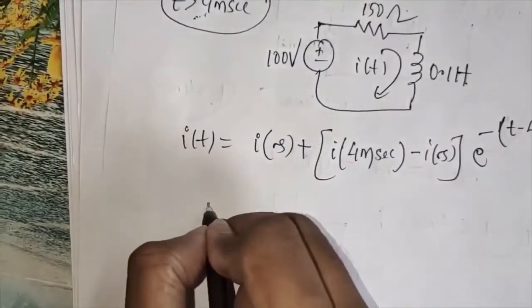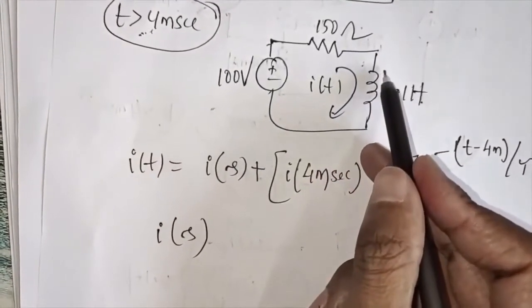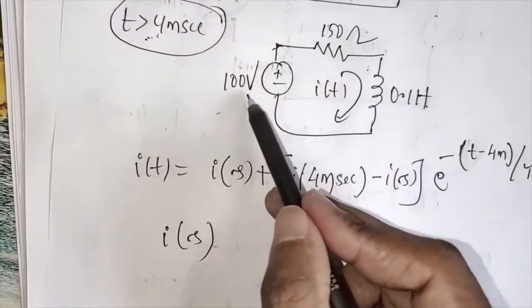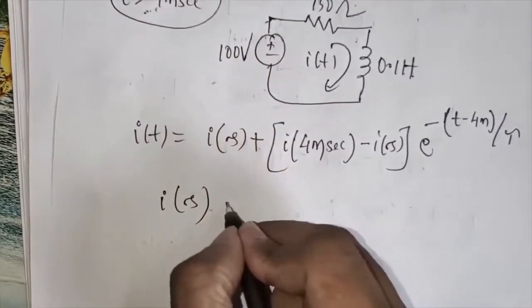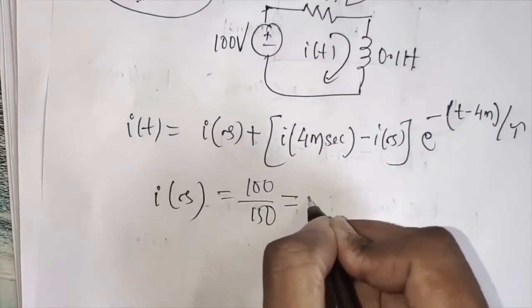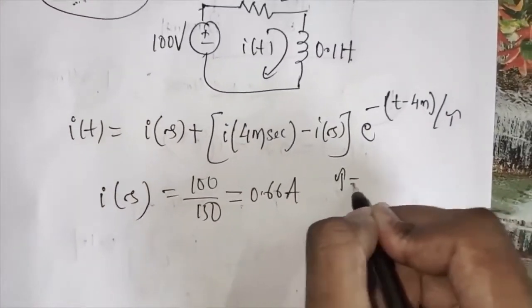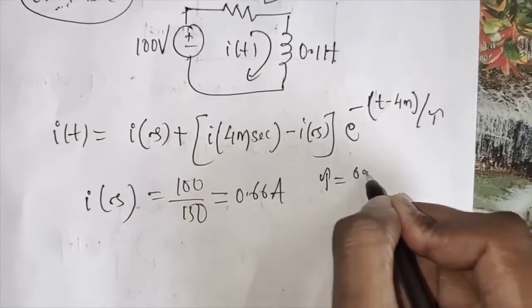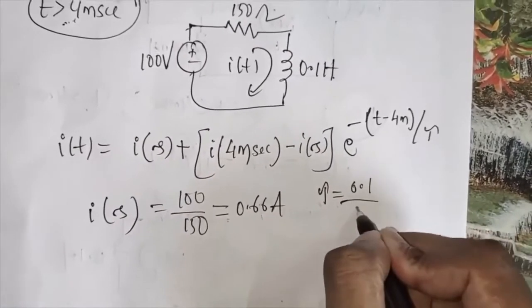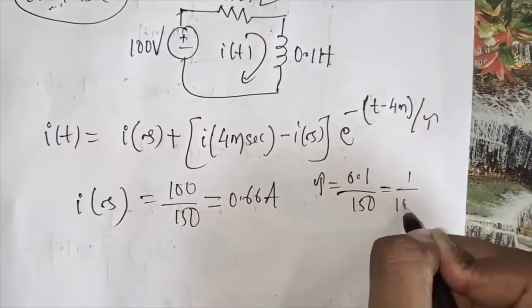So I of infinity, when this circuit reaches steady state, will be 100 by 150, which is 0.66 amps, and the time constant tau is L by R, which is L value 0.1, R value is 150. So this I can write as 1 by 1500.